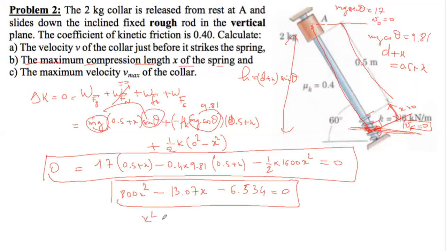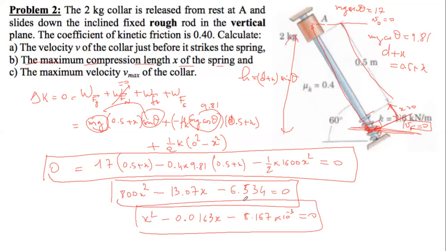Or just x squared minus 0.0163x minus 8.167 times 10 to the power minus 3 is 0. It's the same, I just have divided by 800. You know how to solve this quadratic equation. They give you exactly the same result.